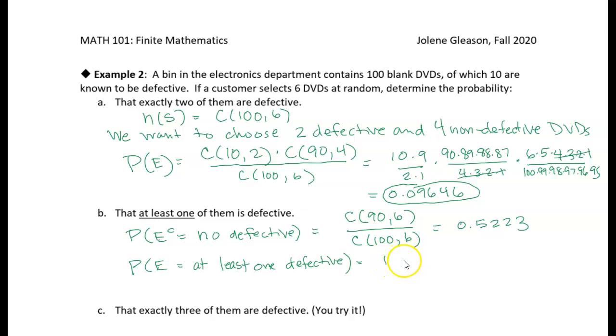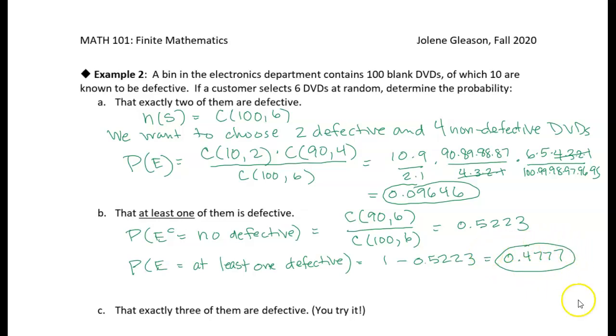So if we take 1 and subtract the probability of what we don't want, the opposite of what we want, we'll get the probability of what we do want. So that comes out to be 0.4777, or 47.8%. Okay, so that's our answer to that question.